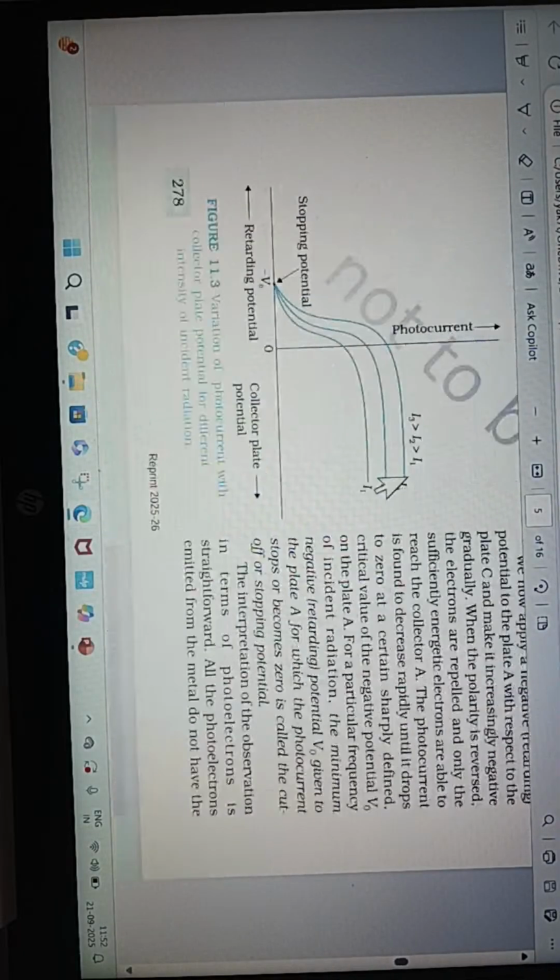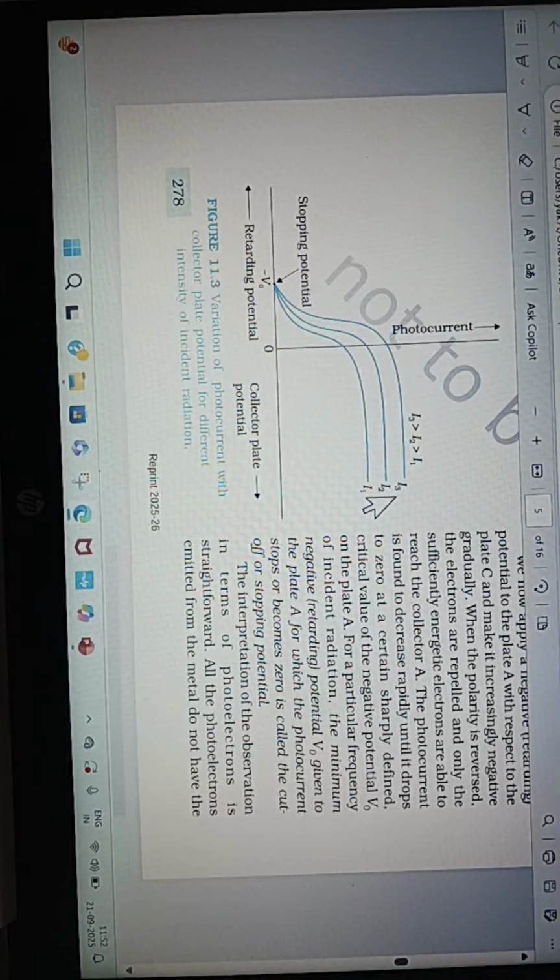I1 is a bulb of 100 watts, I2 is a bulb of 500 watts, I3 is a bulb of 1000 watts. So what do you understand by I? I indicates the intensity of the bulb, sir. What do you mean by intensity?